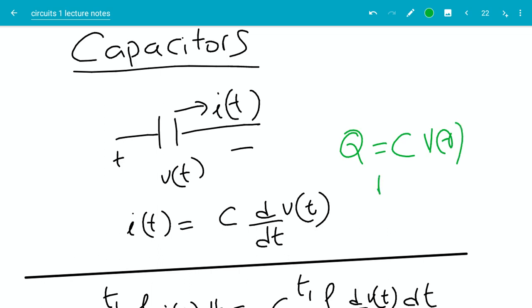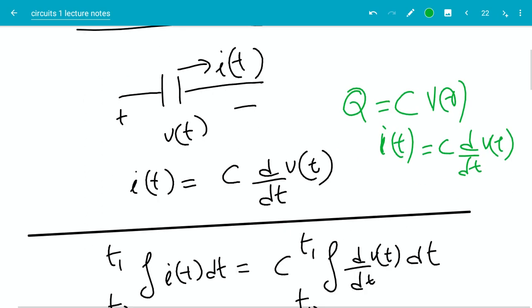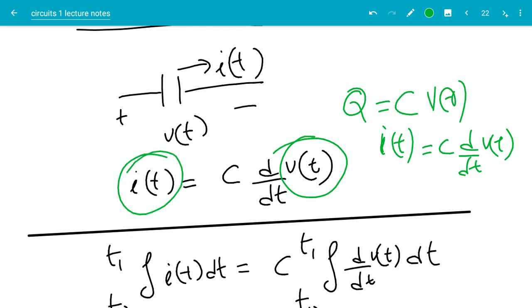If you differentiate both sides, the left hand side is i(t), because the change in charge is the current, and that equals C times the derivative of the voltage. This is the relationship between the current and the voltage. Now if you know the voltage, you can just differentiate it, multiply by C, and get i(t).